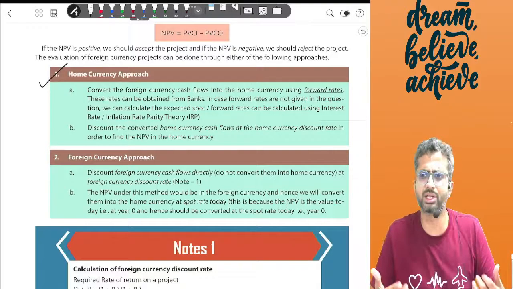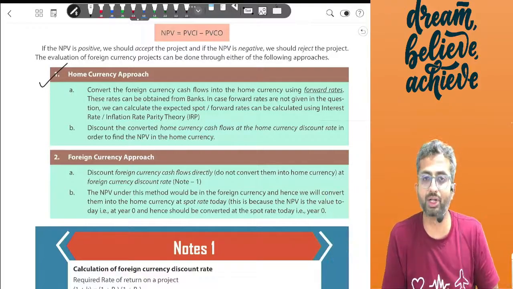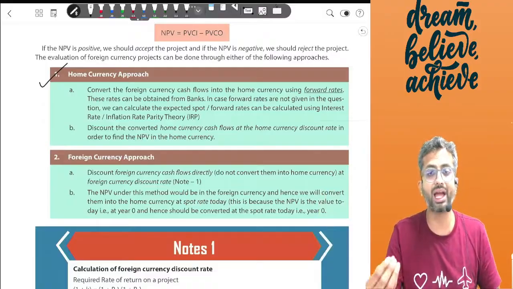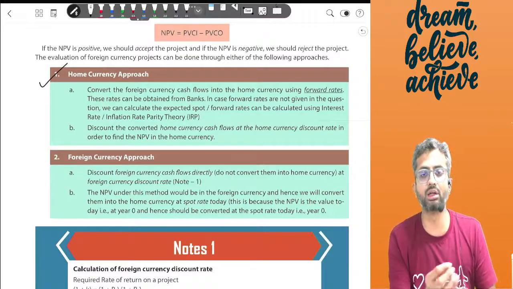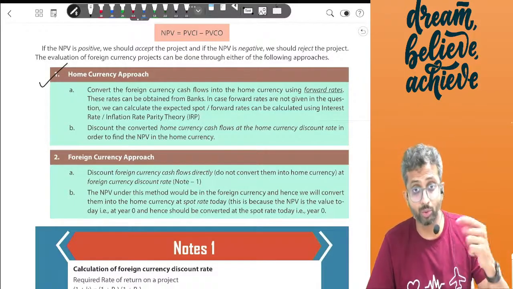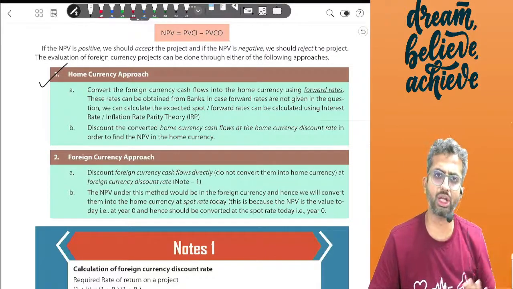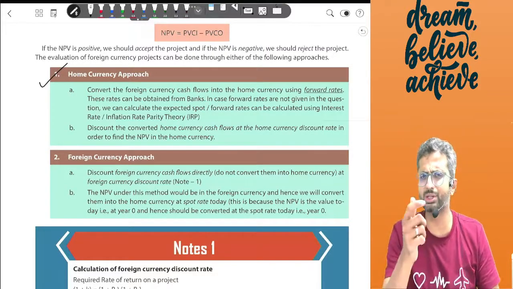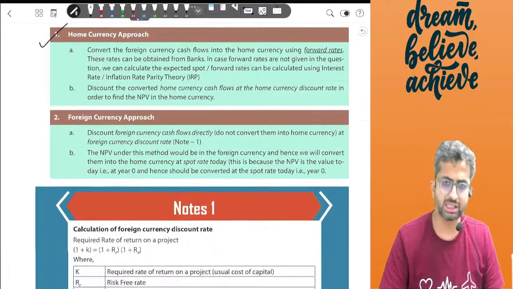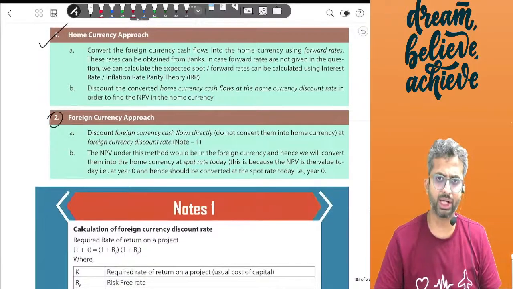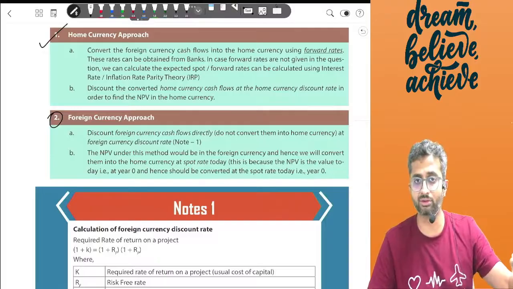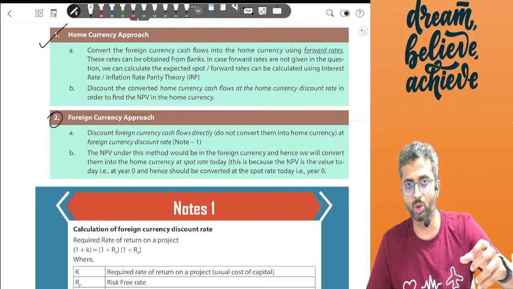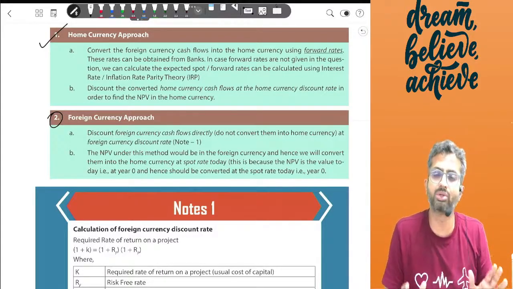What applies to, let us say, a bond investment also applies to a capital budgeting project, and hence you will expect a different return in a foreign currency cash flow, for which you will have to infer or derive a foreign currency discount rate. Now this might get a little challenging. So in this case, the foreign currency approach says that you will discount the foreign currency cash flows at the foreign currency discount rate so that the NPV comes in foreign currency.